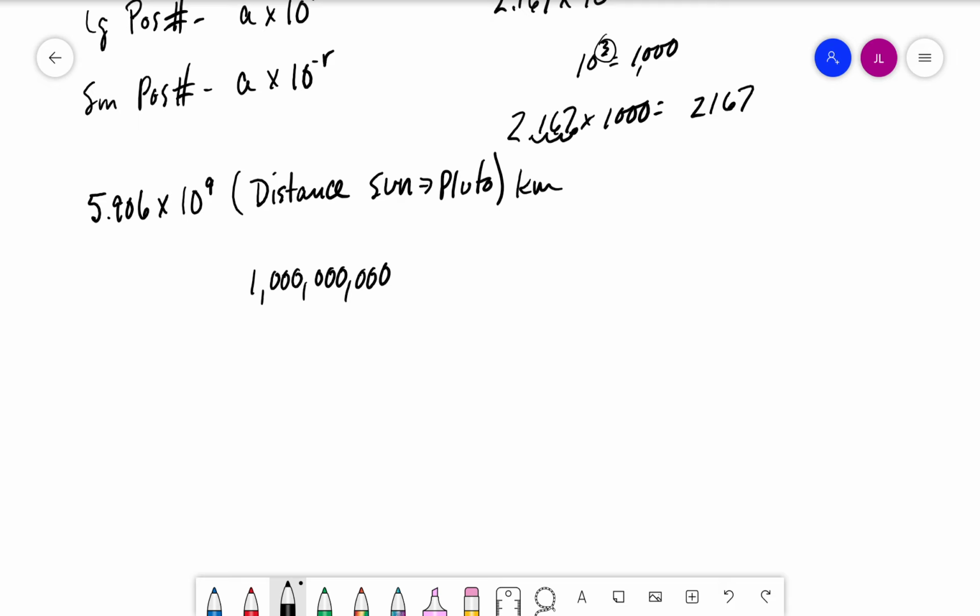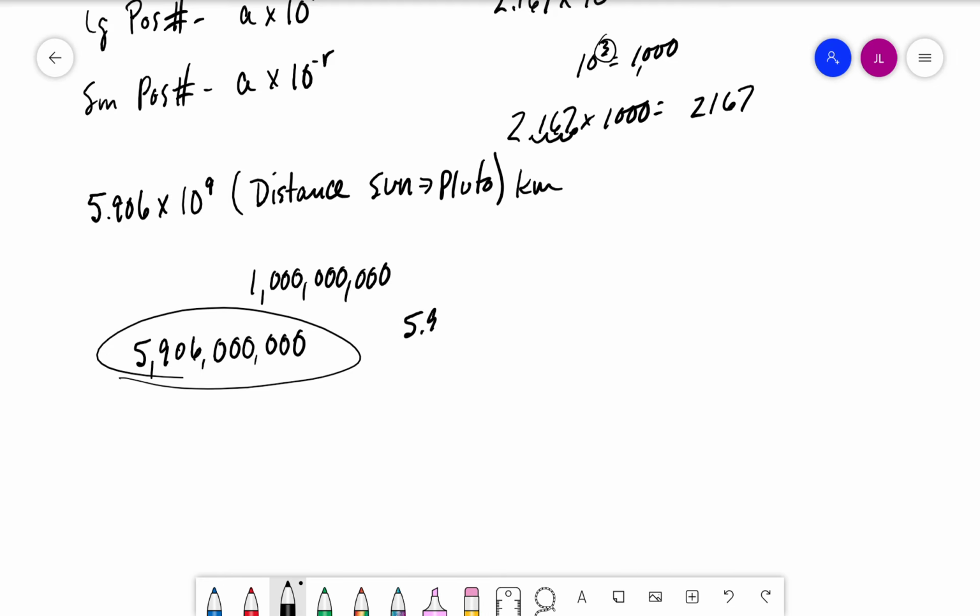So it's 5,906,000,000 kilometers from the sun to Pluto. Instead of writing the whole thing out, we can write 5.906 times 10 to the 9th. They mean the same thing.